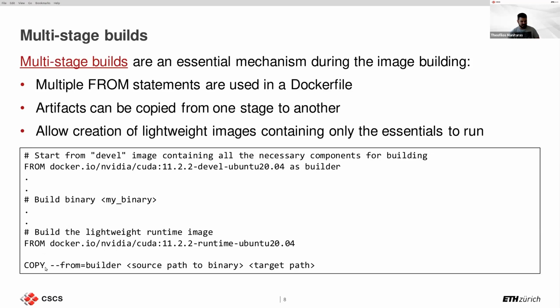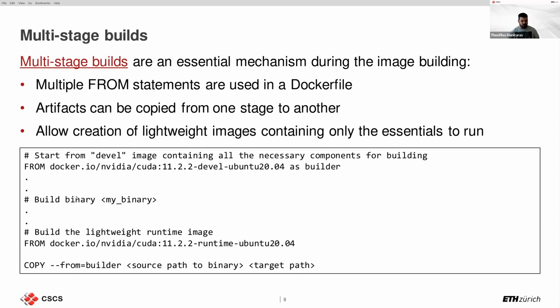So this is the syntax here. I copy from the builder, and I have the source for the binary that comes from the first image to the target path in the second image, in the runtime one.